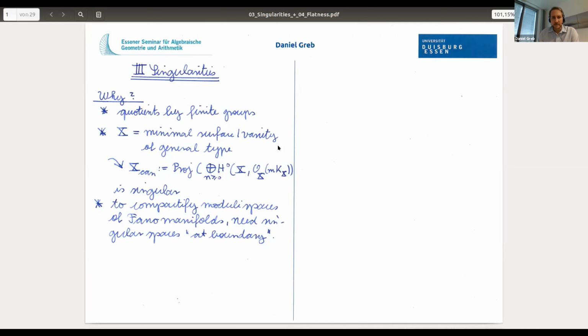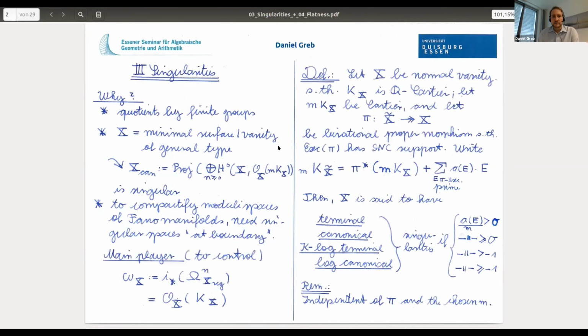Yeah, and so all these singularity definitions, which I will discuss, they look at one object that you want to control, so that you have to impose conditions in order for this object to have the properties that you expect it to have. Yeah, so we've already encountered this omega_X, which is the canonical sheaf, which is O_X of the canonical divisor. And so how do you control that? Well, you compare it to a resolution. Yeah? So make the following definition.